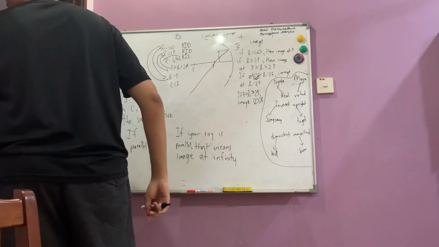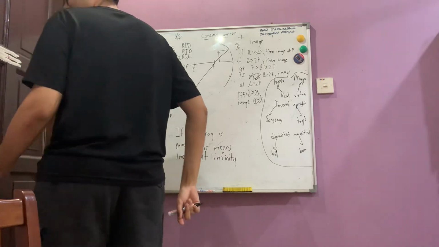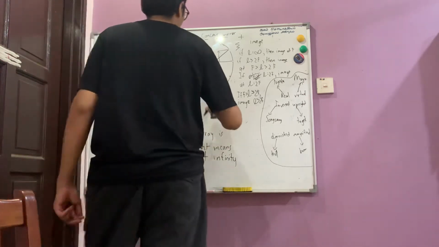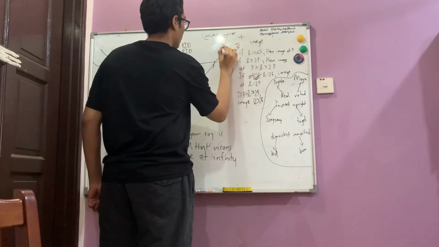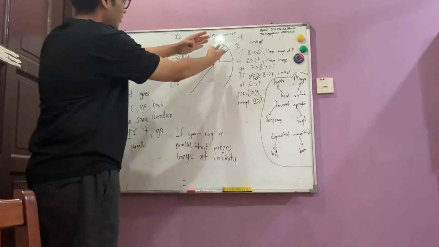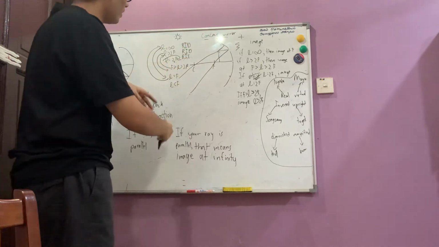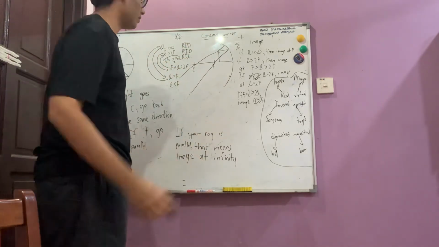And then you make one here and then bring it straight to F. Okay, you can see the light rays are moving far away from each other. Where do you go now? You can't go anywhere, only one place.